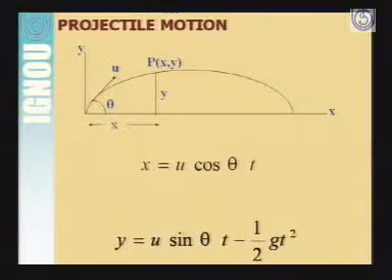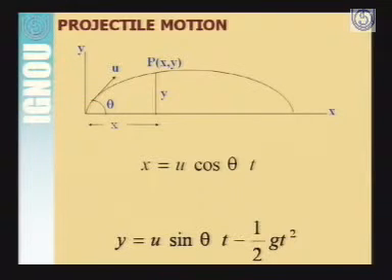Look at this figure again. Here u is the initial velocity and it is projected at some angle theta with the horizontal. So the velocity component in the horizontal direction is u cos theta, and in the vertical direction the component of the initial velocity is u sin theta.